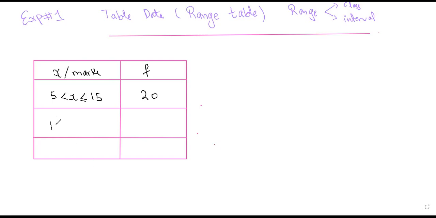Number of students having their marks between 15 and 35 are 30. And number of students who have their marks between 35 and 40 are 10. Okay. Now this is the new thing. This is what we are going to talk about today. It is a table data, but the values of X are in range.